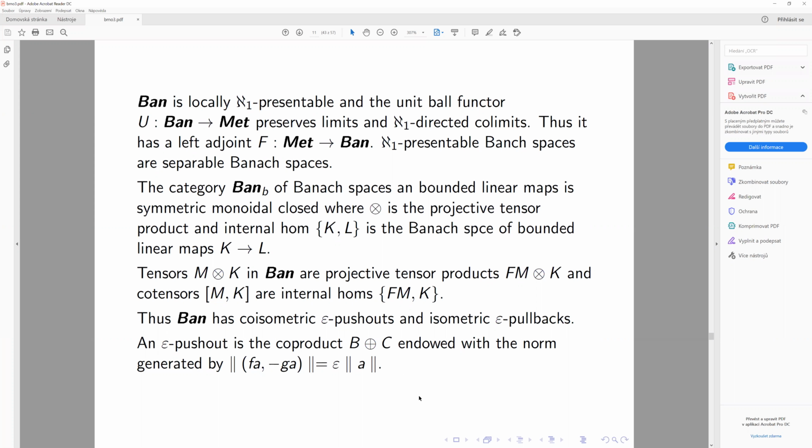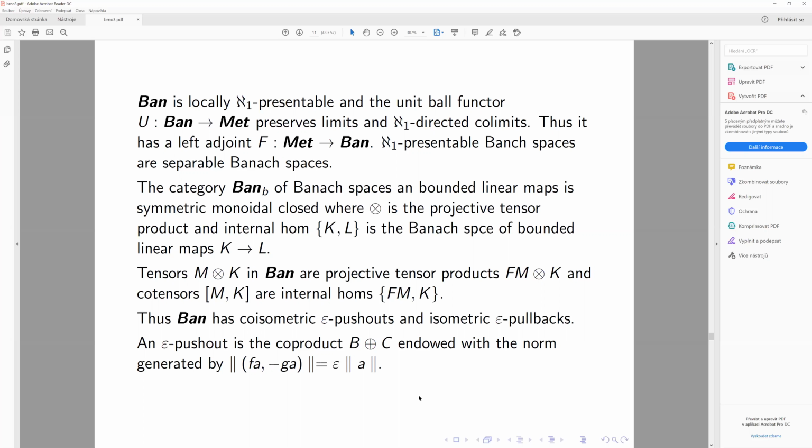Yes? Can I just comment? So in an enriched category, if you have cotensors, if you have a colimit which satisfies the underlying bijection of sets, it automatically gives you an isomorphism in the category. So I think, for example, that would mean that if you have one of these enriched categories which has cotensors, then epsilon pushouts are automatically co-isometric or something like that.